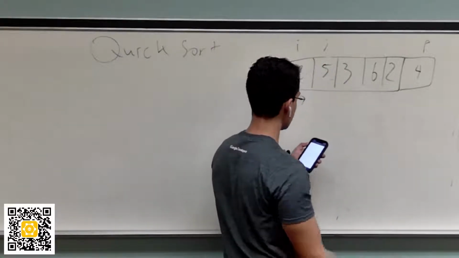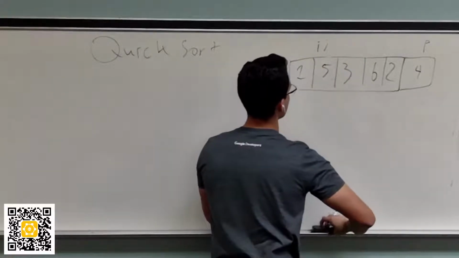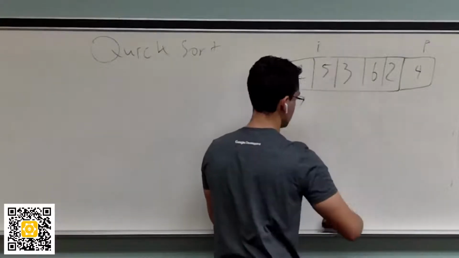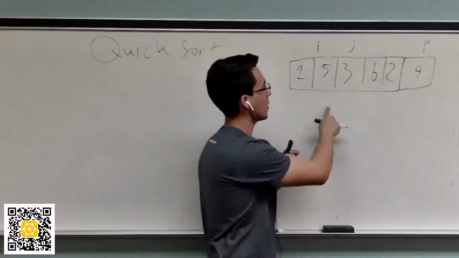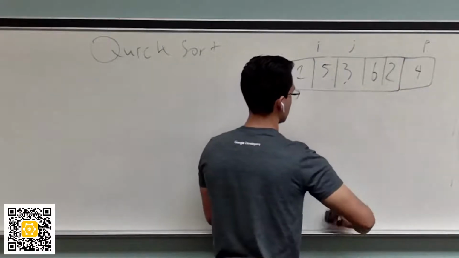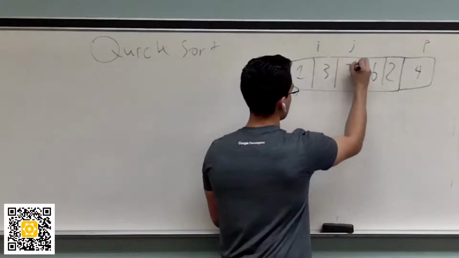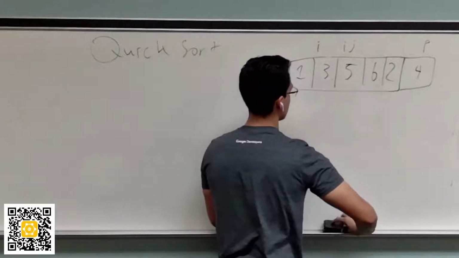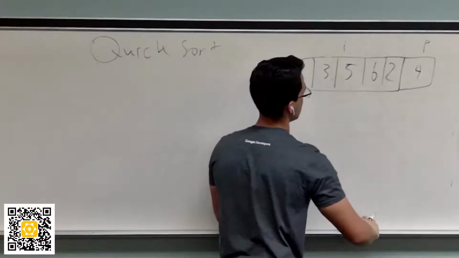And that was less than, so we have to move I up. And then we move J up, all right? And if this is less than this, do it again. So they're both up there. And then move J up.